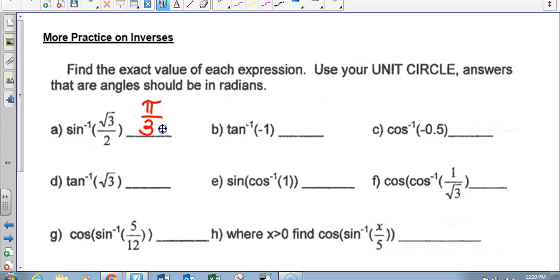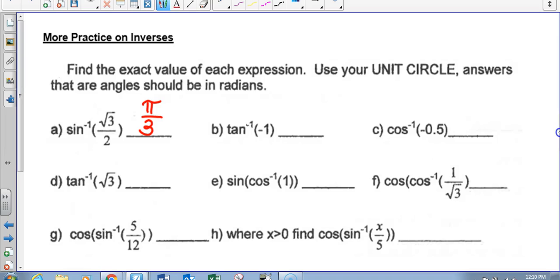Everybody okay? Tangent is the tricky one because tangent isn't on our unit circle. By the way, the only things you can write on here, guys, are those negative things and your color coding, okay? You can't write tangent by all these, or I'm going to hand you a clean one the day of the quiz and you're not going to have anything on it.